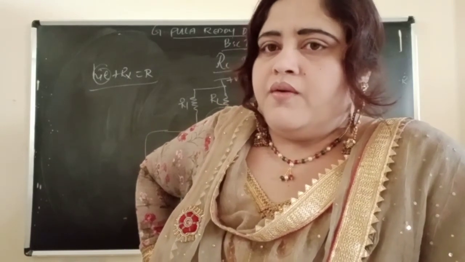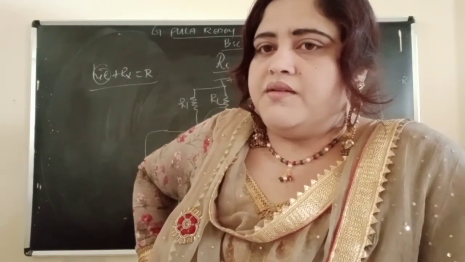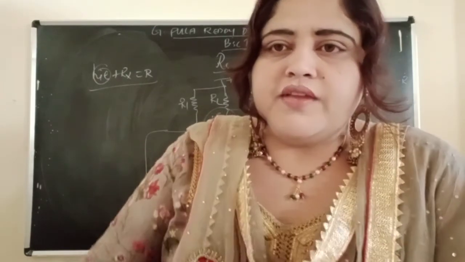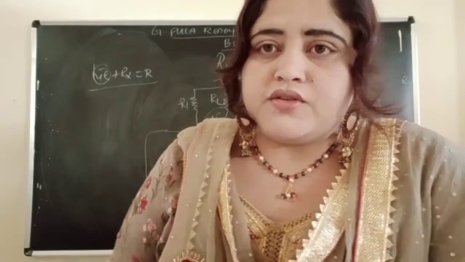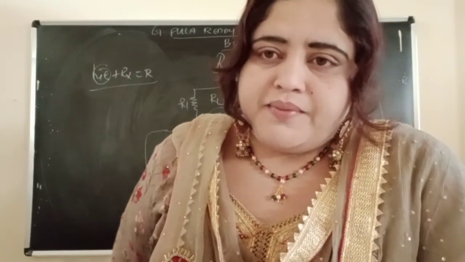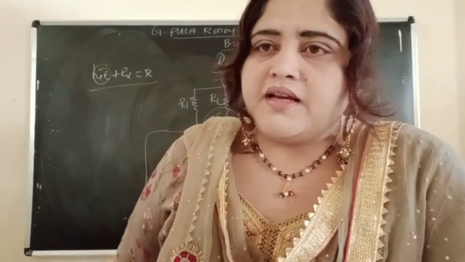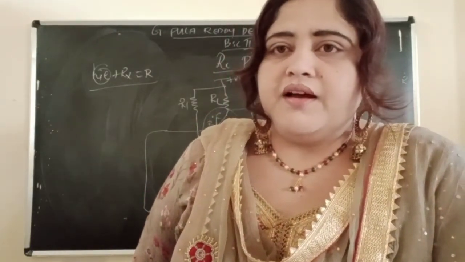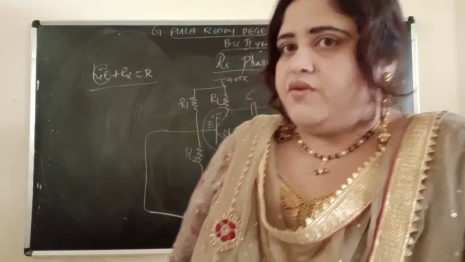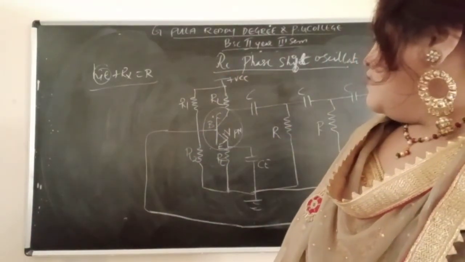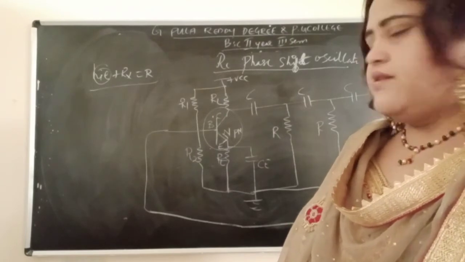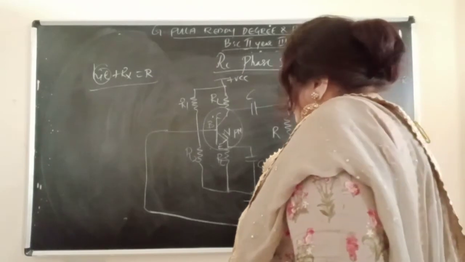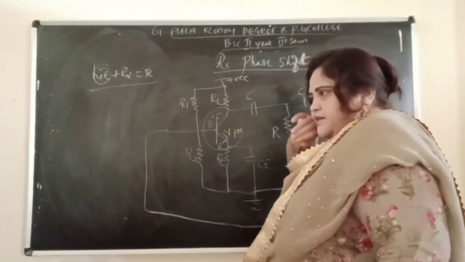So what is happening here in the circuit description? The circuit consists of a common emitter type NPN transistor. It has the resistors R1, R2, RE, which give the biasing condition for the circuit. Here RL is the load resistance, and CE is the emitter bypass capacitor.